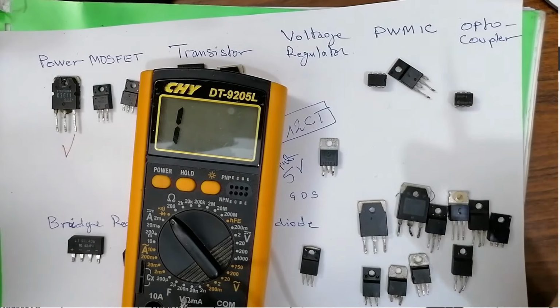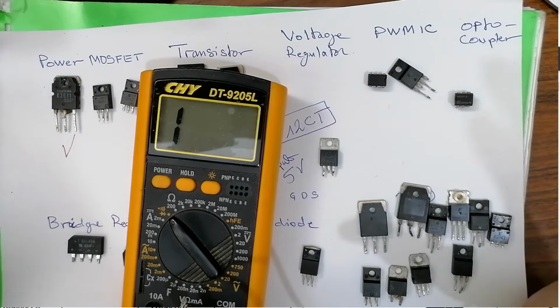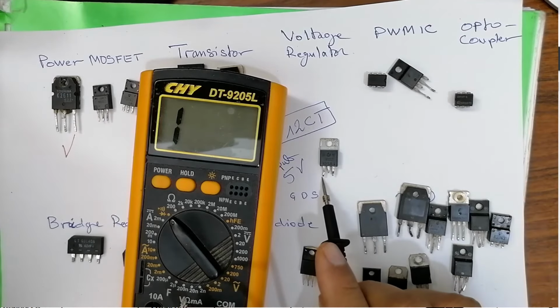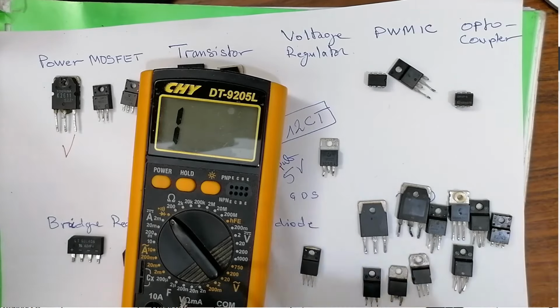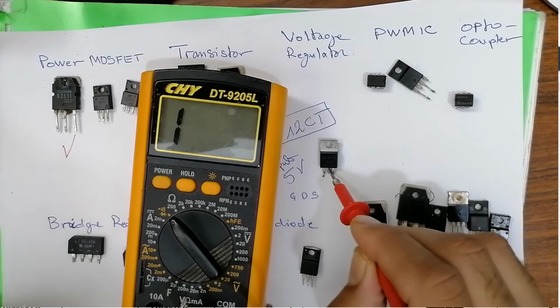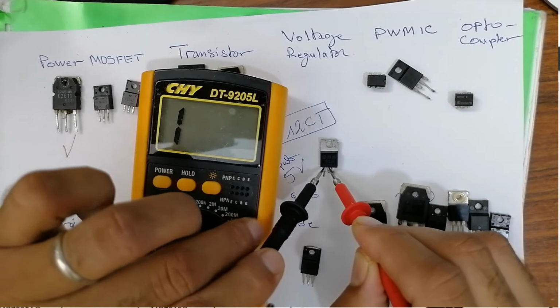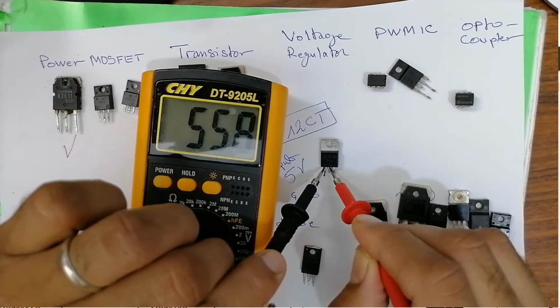But I will give you a trick that you can use to test whether the voltage regulator is serviceable, is good or not. So how? Here we have input, ground, and output. I can just put the red probe on the ground, and check between ground and input. As you can see, I get a value.